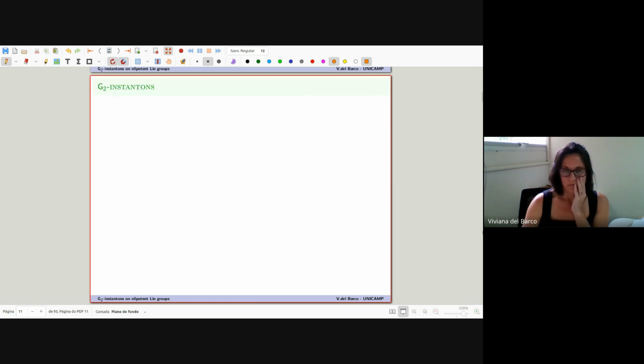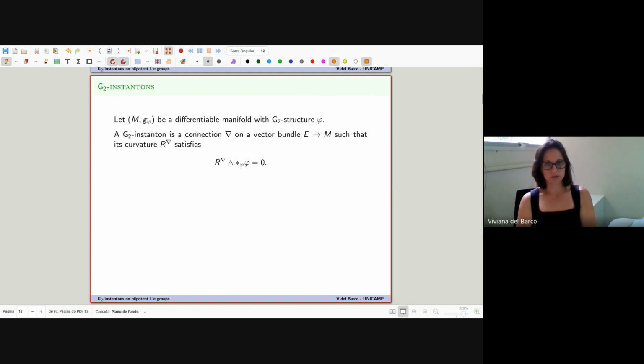So within the context of G2 structures or manifolds, there are some objects which are called G2 instantons. If you have a differentiable manifold and a G2 structure, then a G2 instanton is a connection on a vector bundle over the manifold such that the curvature satisfies this equation.